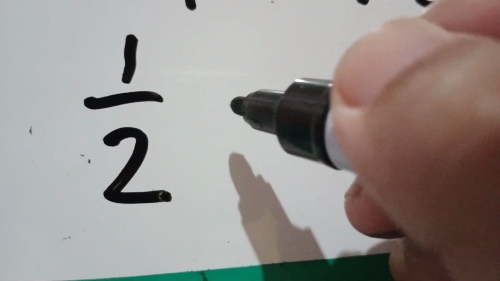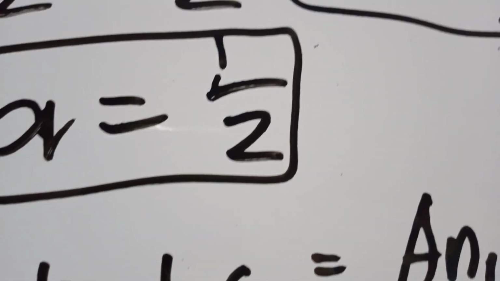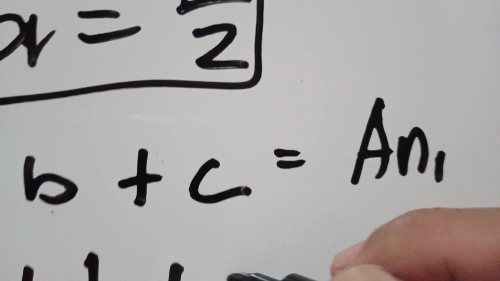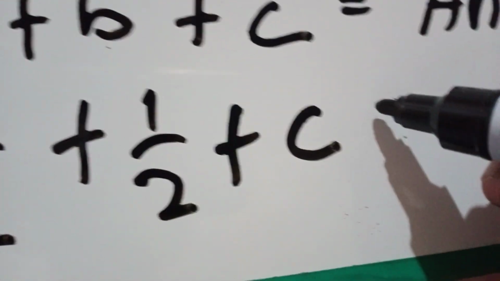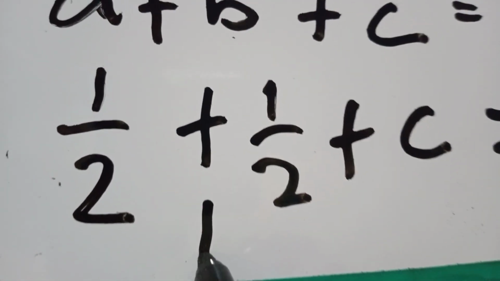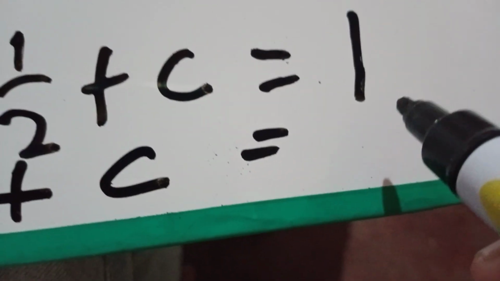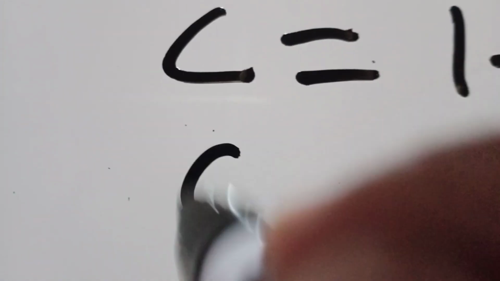A is 1 half, plus b is 1 half, plus c which has no value yet, equal to 1. 1 half plus 1 half is 1, so 1 plus c is equal to 1. Transfer the 1 to the other side: c is equal to 1 minus 1. So c is equal to 0.